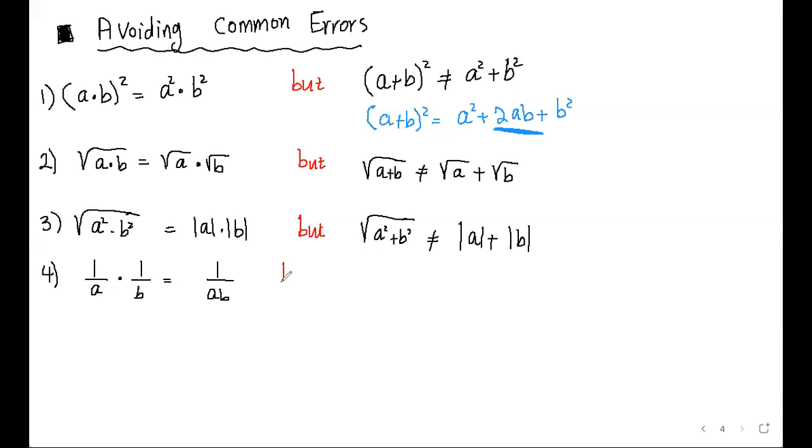This means 1 over a plus 1 over b is not equal to 1 over a plus b. So what is that equal in general? What is 1 over a plus 1 over b equal?